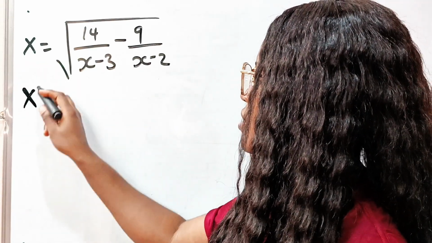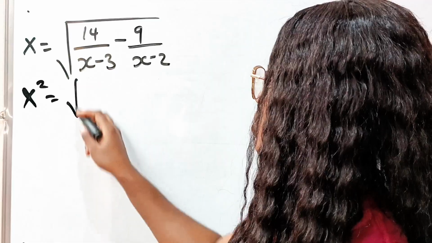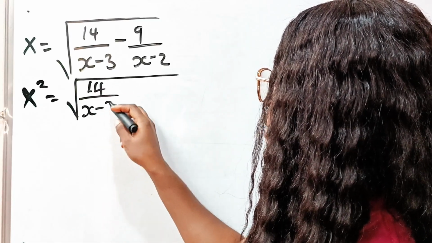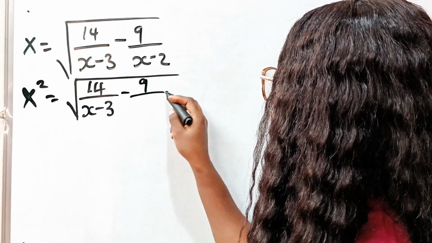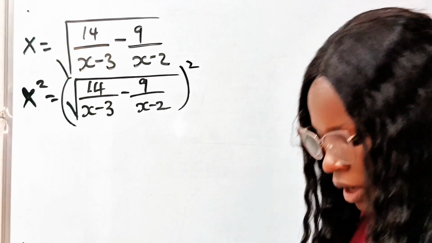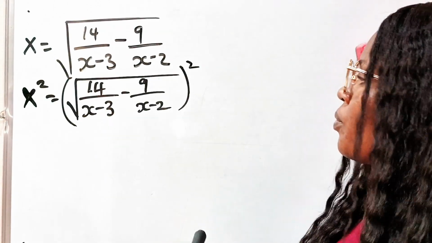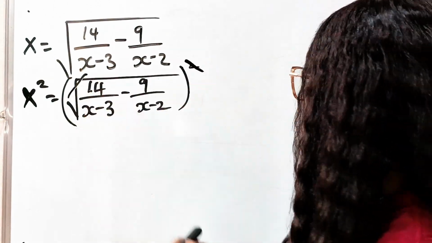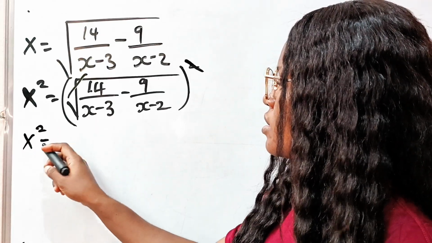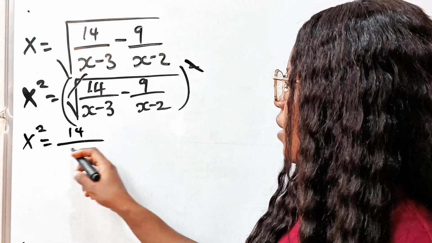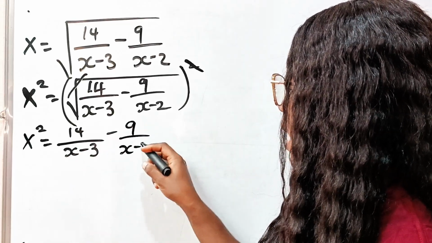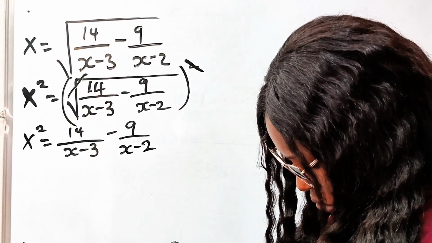So squaring both sides, we are going to have x squared is equal to the square root of 14 over x minus 3 minus 9 over x minus 2, all squared. Now this square will remove the square root and we have x squared is equal to 14 divided by x minus 3 minus 9 divided by x minus 2.